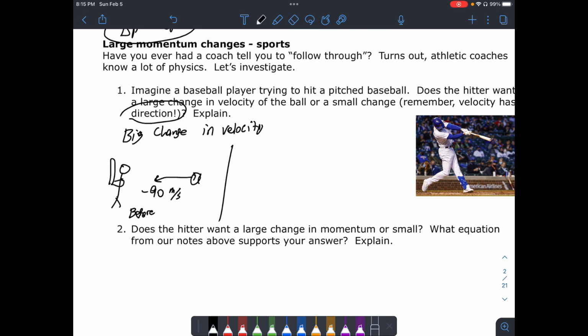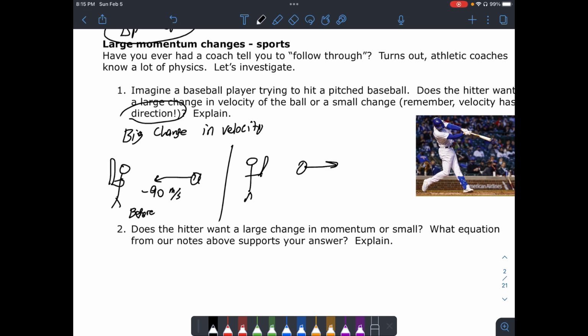But to be successful and get on base, the ball needs to go in the other direction, right? So when he's done hitting, the ball needs to be going, just to simplify this, I'm going to draw it horizontally because normally you go up.